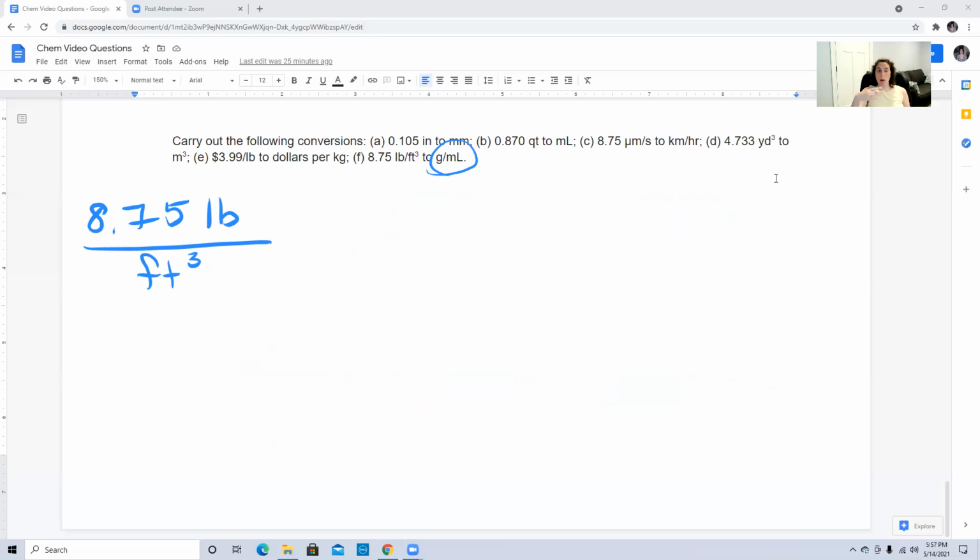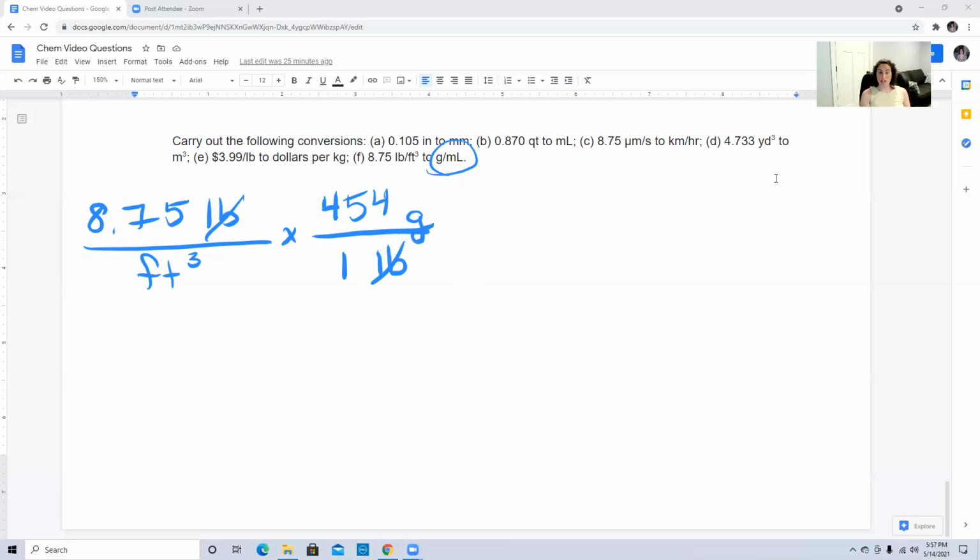So we can either do pounds to grams or the cubic feet to the milliliters. I'm just going to do pounds to grams because I can do that in 1. I happen to know, because I've done this oddly enough times, that 1 pound is 454 grams. So pounds and pounds have canceled.